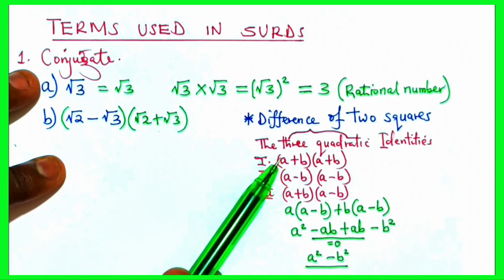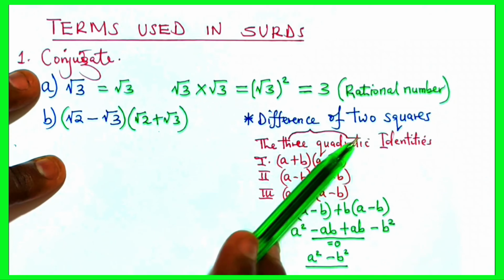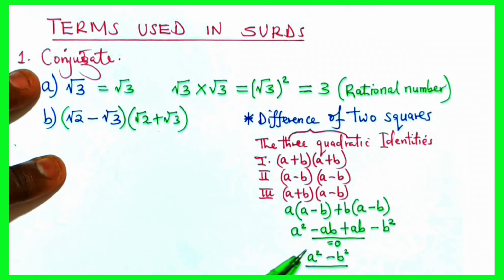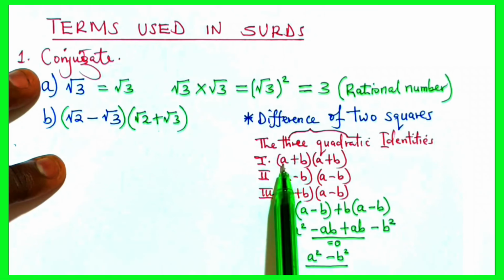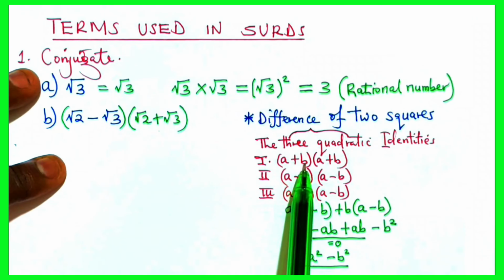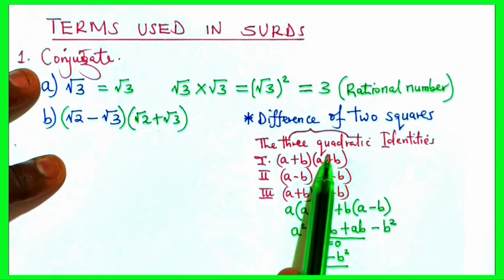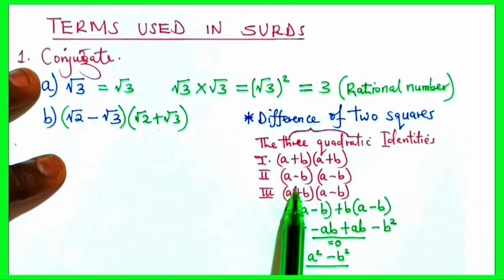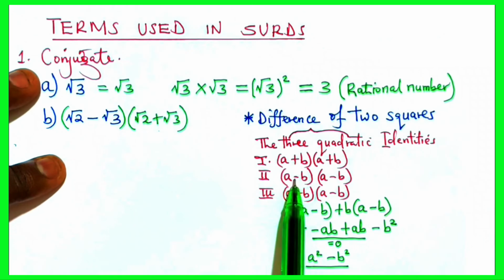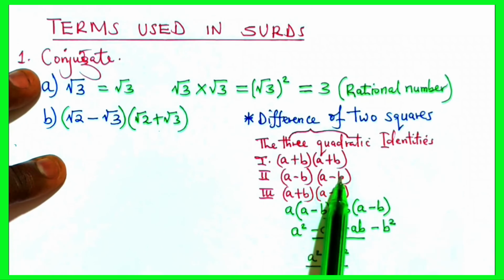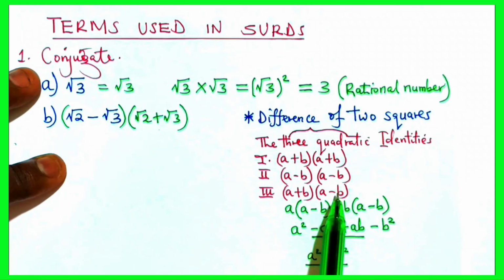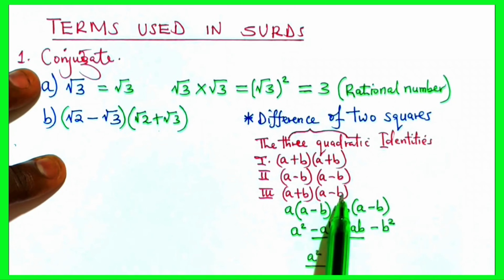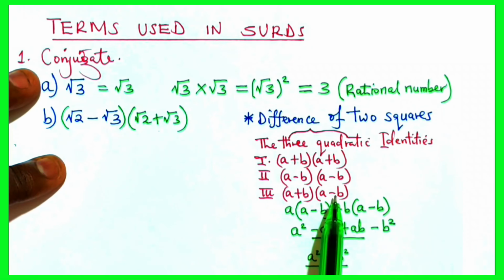Let's remind ourselves of the concept of difference of two squares. You remember the 3 quadratic identities? These are the only 3 ways that you can expand a binomial, where you have a plus b to be multiplied by itself, or you can have a binomial a minus b to multiply itself, or you can have a binomial where there is a positive sign to multiply another binomial with the same terms but now with a negative sign.